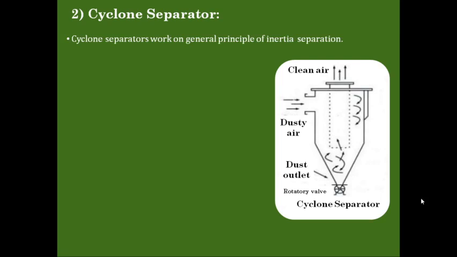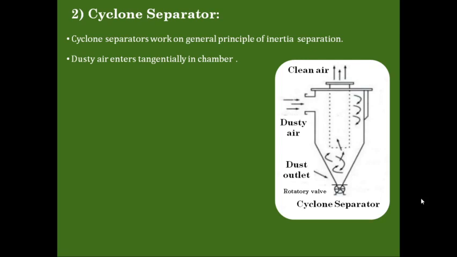In cyclone separators, the basic principle of separation of dust particles is the principle of inertia separation. The dust-laden gas is allowed to enter from the inlet point inside this cyclone separator, and the gas enters the chamber tangentially.